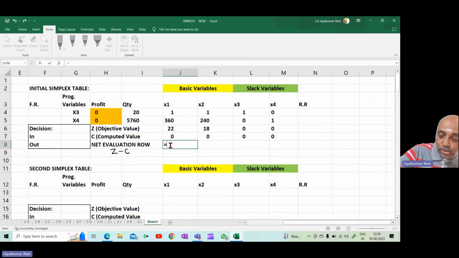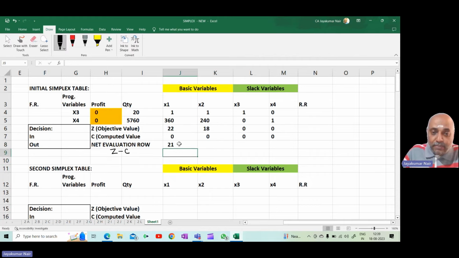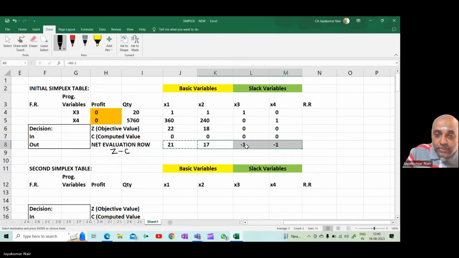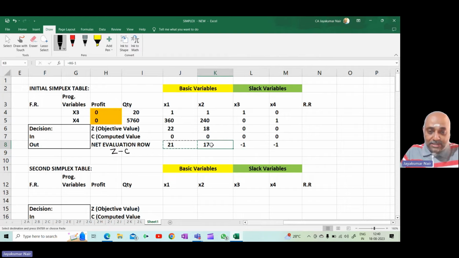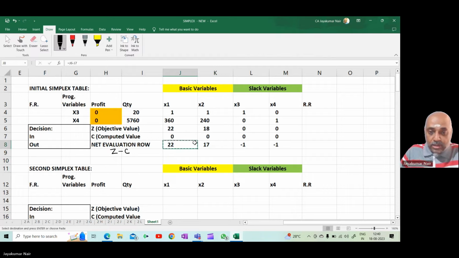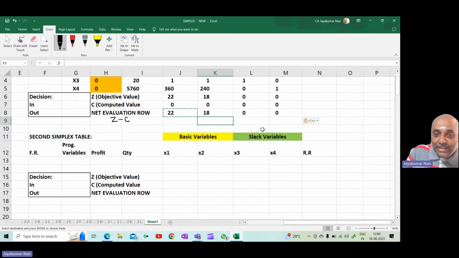So this is equal to 22 minus 0, 18 minus 0, 0 minus 0, and 0 minus 0. So this is the NER.